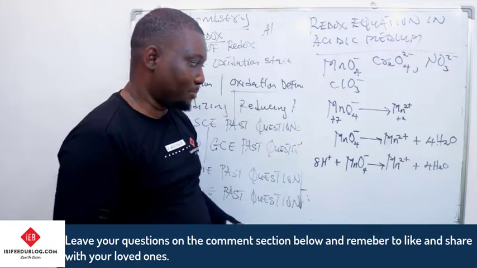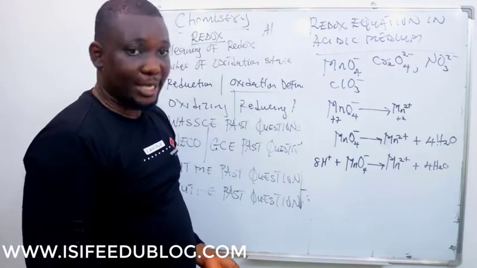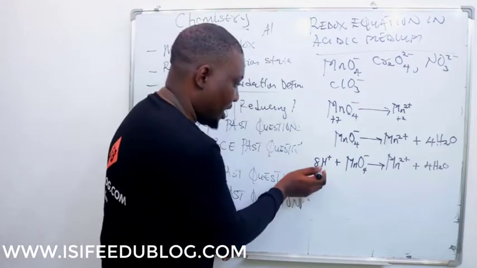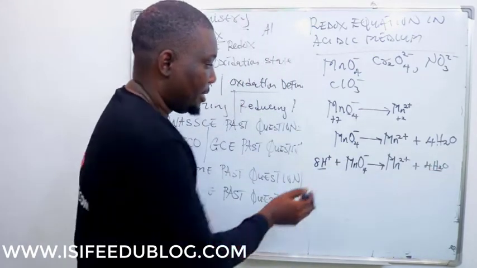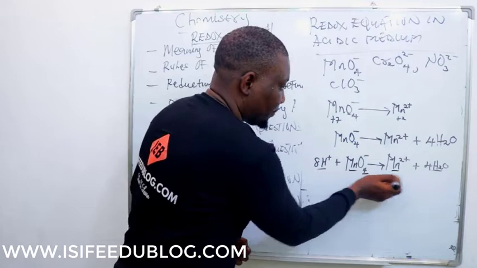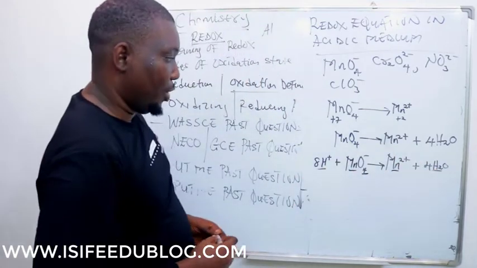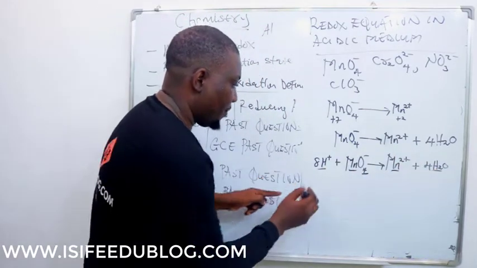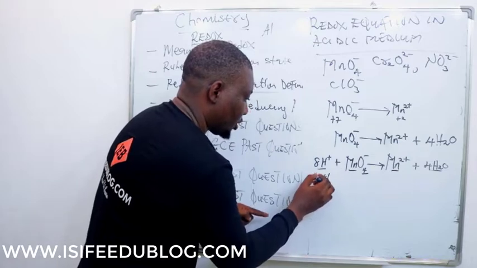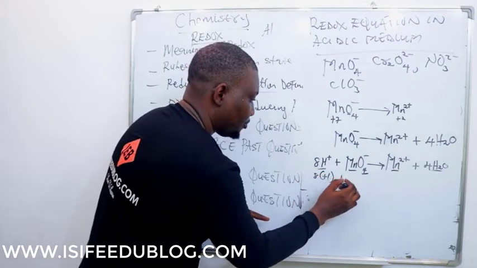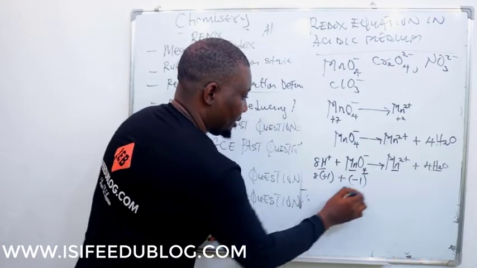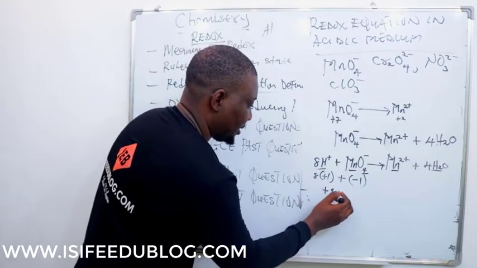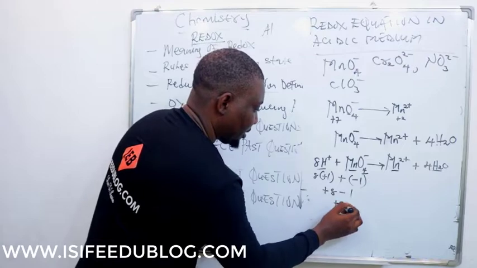Yes, the equation is balanced atomically, not ionically. Atomically, that is, we have 8H here and 8H there. Mn is 1, O is 4, O is equal to 4. Then the charge: what we have here is +1 multiplied by 8 plus -1, which is plus 8 minus 1, that is plus 7.